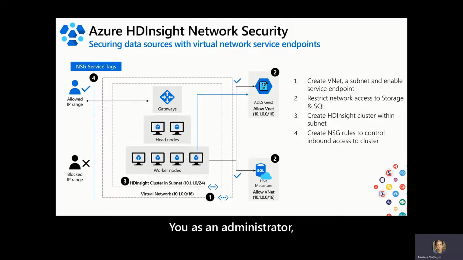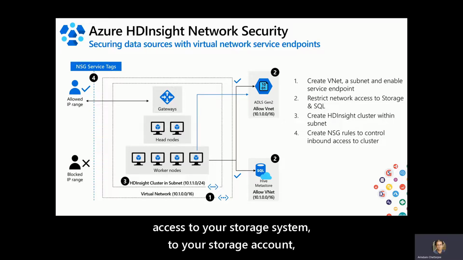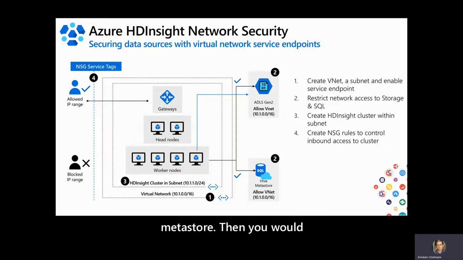Now, as an administrator, what you would do in order to start restricting access to your HDInsight cluster is create a VNet, a subnet, and enable service endpoints. You will be able to restrict network access to your storage account, and to any SQL databases that are serving as, let's say, your Hive metastore.